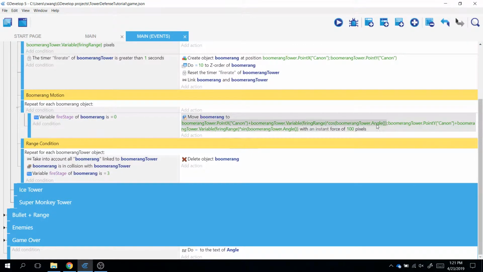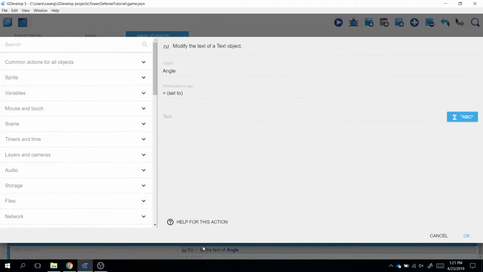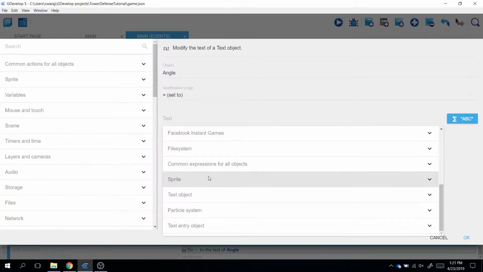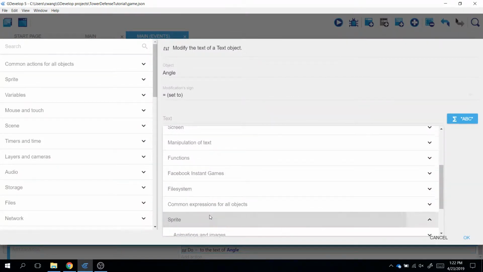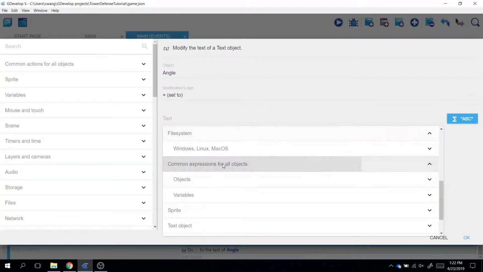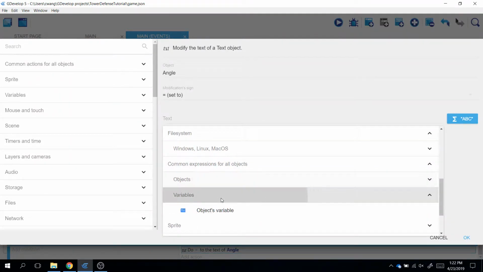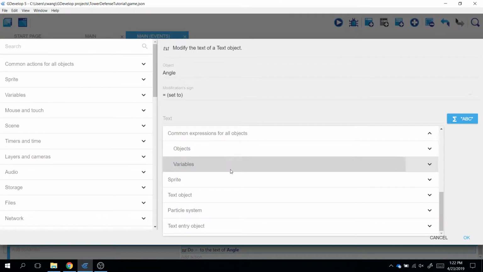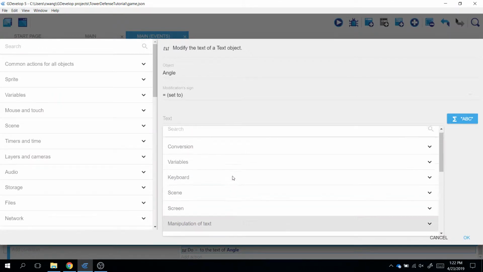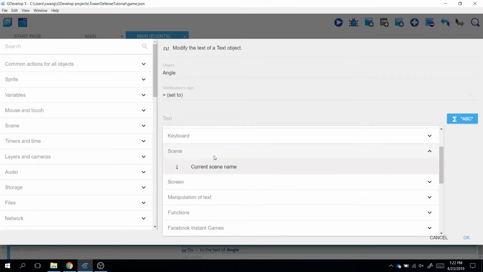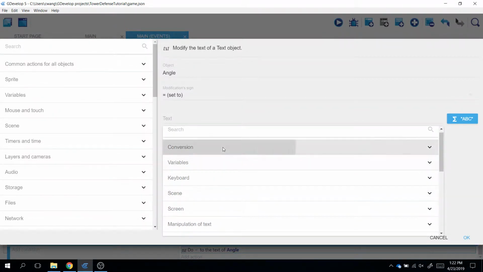So how do I get that boomerang tower angle? Well, let's go ahead and look. Common expression for all objects. Object name. Object variable. It's not really an object variable. Scene. It's not a scene name. Conversion.